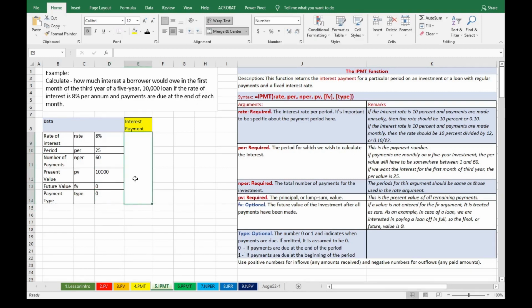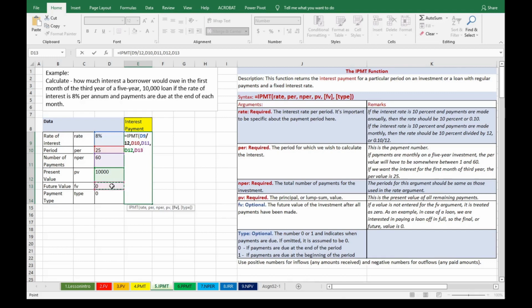So let's put our function here: equal to IPMT. Then we want the rate of 8% divided by 12 because of monthly payments. Then PER is 25. Then we have NPER is 60. Then we have PV is 10,000.